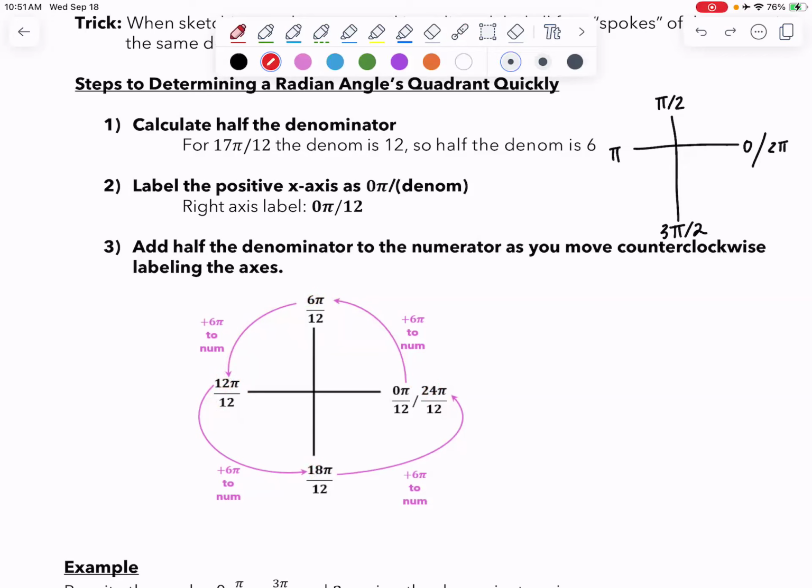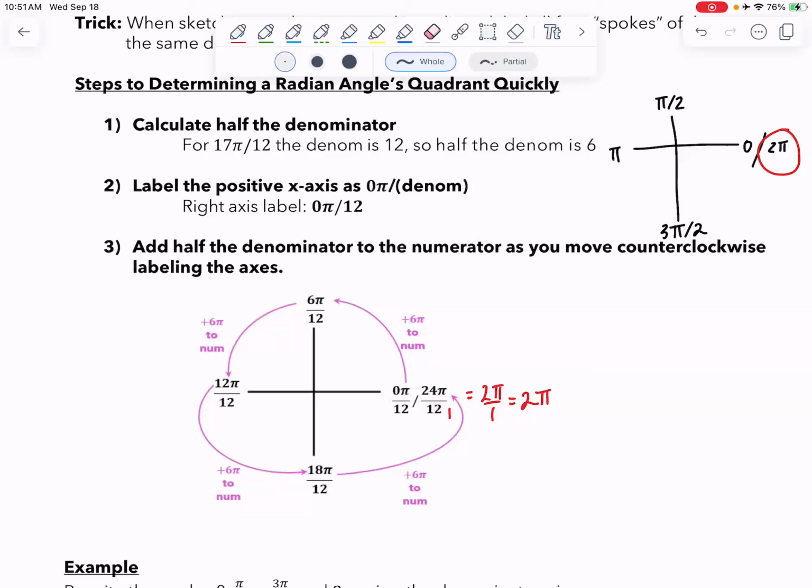And looking here, 24 pi over 12, 12 goes into 24 twice, 12 goes into itself once. This is 2 pi over 1, which is just 2 pi, exactly what it should be. And it makes it real easy for us to tell where 17 pi over 12 is. We just look at these numerators.